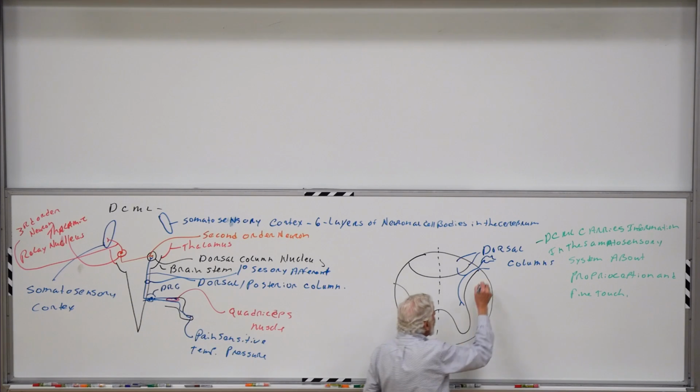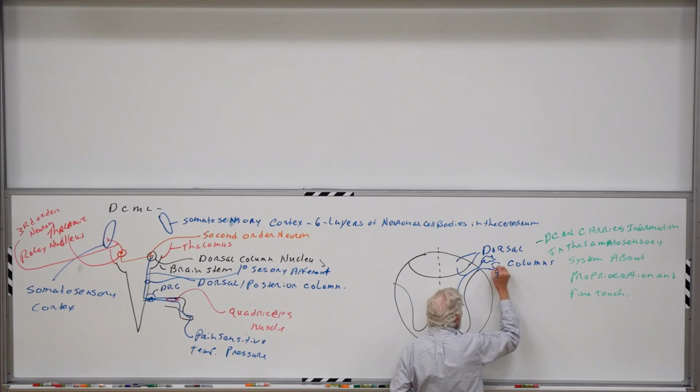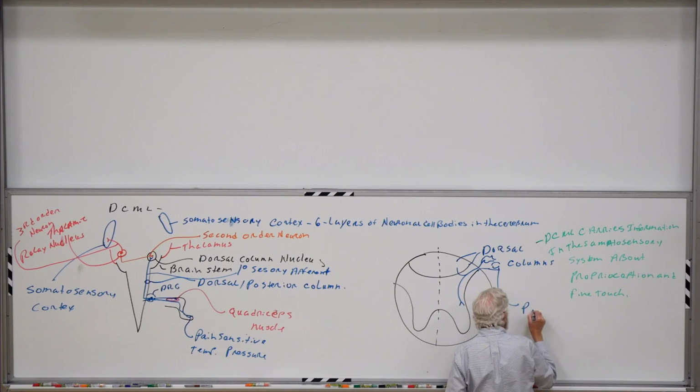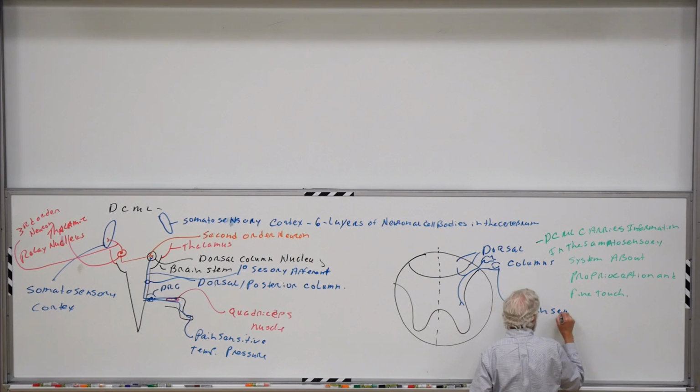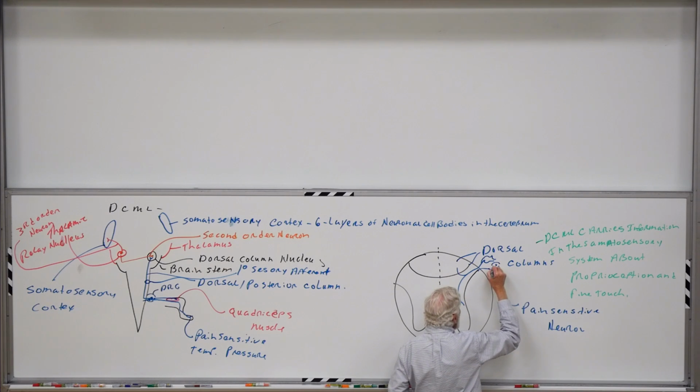So now if we follow this neuron in cross-section, where this is a pain-sensitive neuron, this pain-sensitive neuron with its cell body now sends a process into the spinal cord.